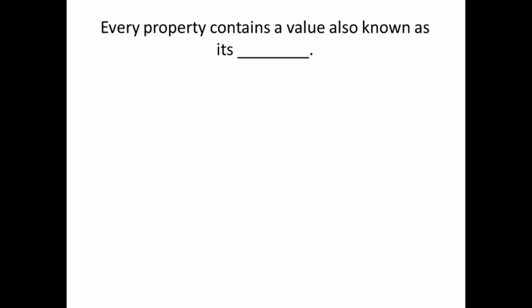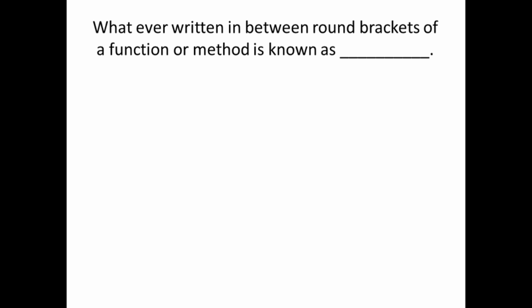Every property contains a value, also known as its state. Whatever written in between round brackets of a function or method is known as dash. Well, it is known as parameters, or you can say arguments.